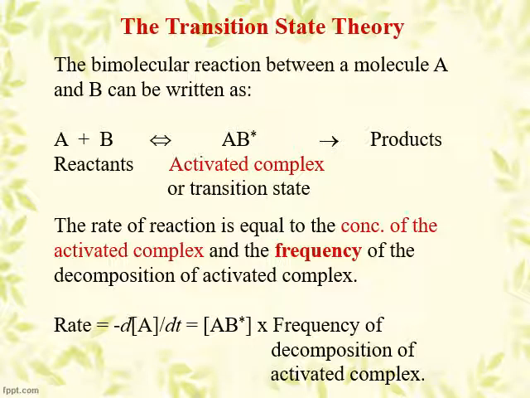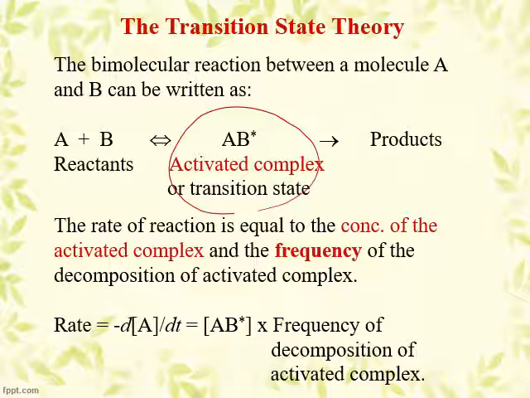So the bimolecular reaction between a molecule A and B can be written as this: reactant A and B forming the activated complex at the transition state to form product. So the rate of reaction is equal to the concentration of the activated complex and the frequency of the decomposition of the activated complex.